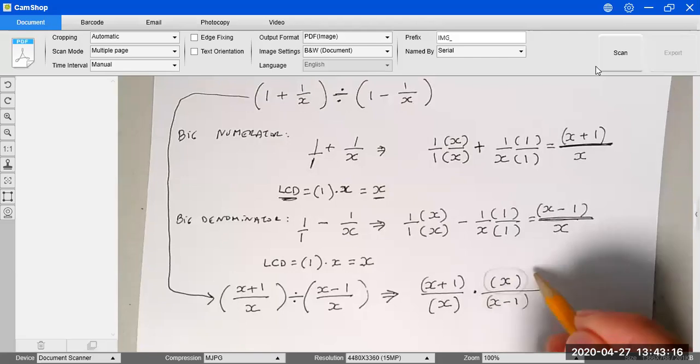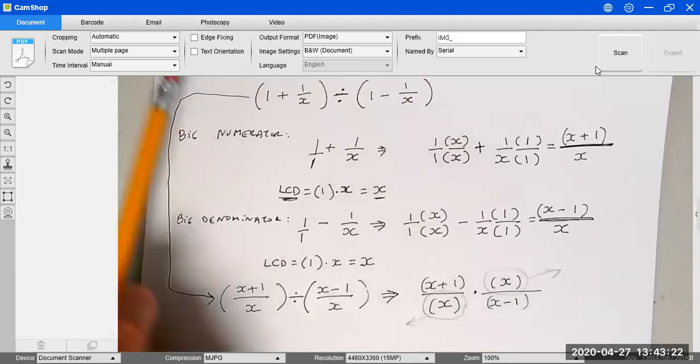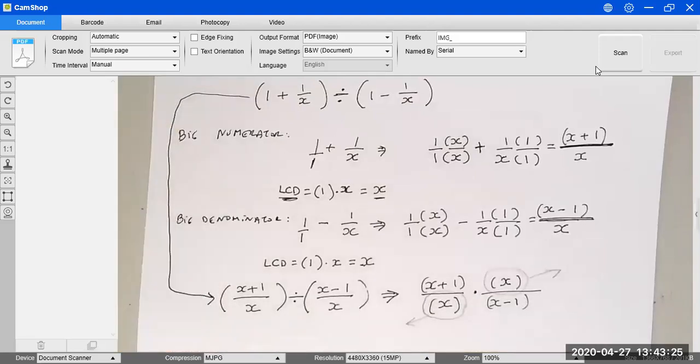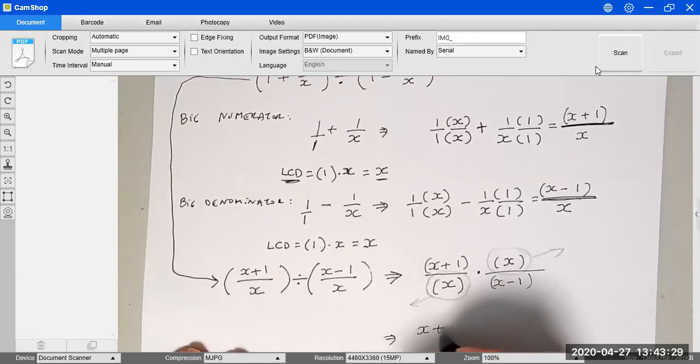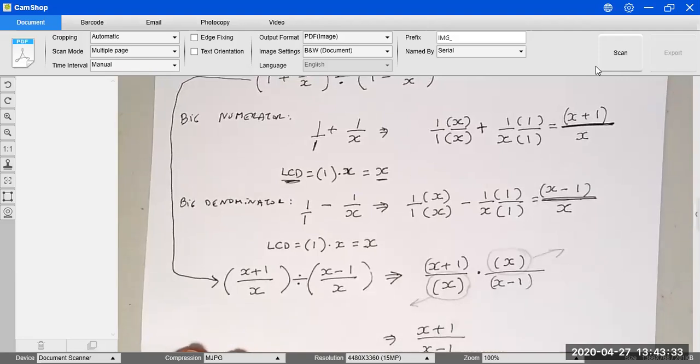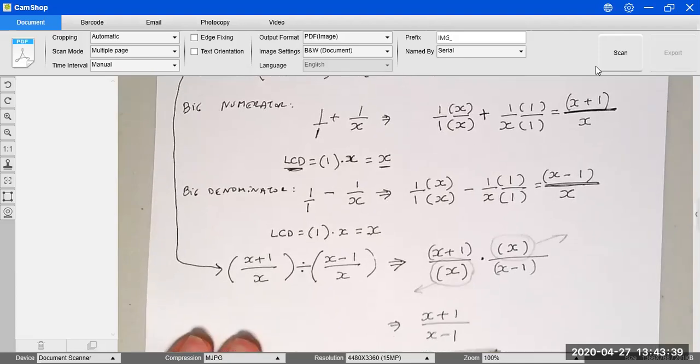So you have this x that's going to go away at the same time that this x goes away too. So we end up only with x plus 1 in the numerator and x minus 1 in the denominator. So that's the final answer for this problem.